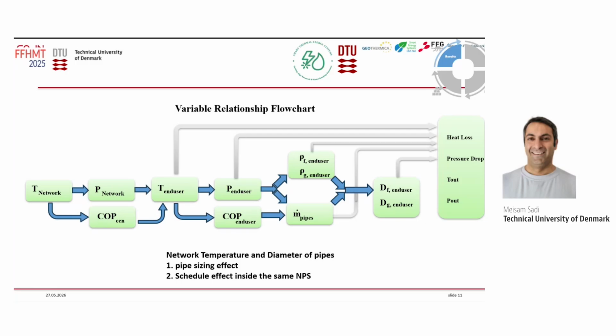Then when we want to calculate the outlet temperature and outlet pressure, or the pressure loss or heat loss for each pipe, these parameters are very related to the network temperature.